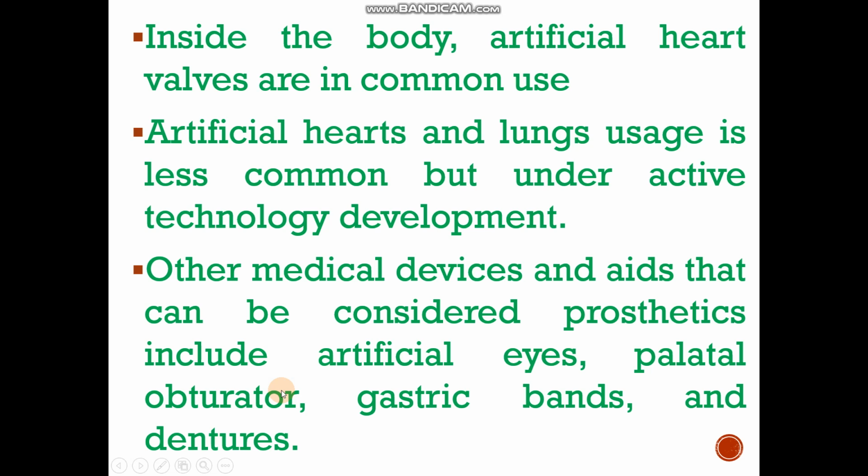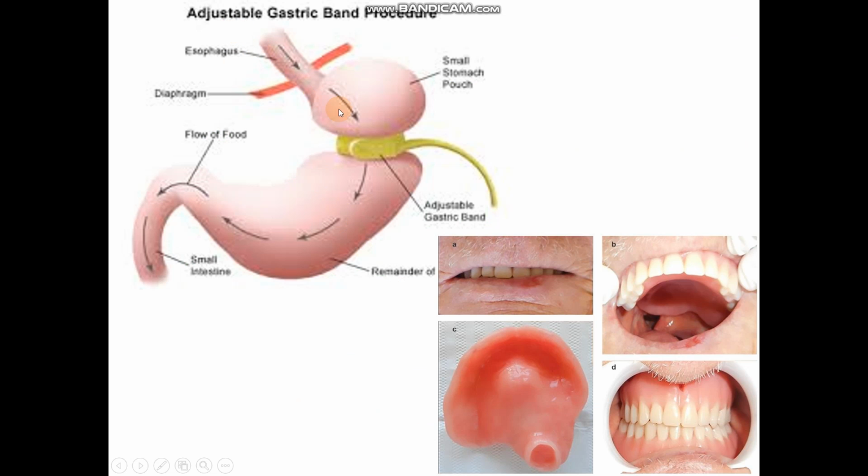Palatal obturator. A palatal obturator is similarly a kind of denture, but not completely replacing the teeth; instead it will replace the damaged palate. Likewise, there are gastric bands and dentures. Here you can see a gastric band. Gastric bands are commonly used to control obesity, so for treatment of obesity.